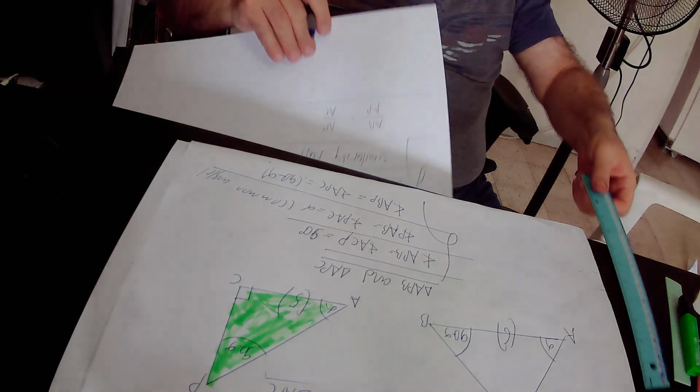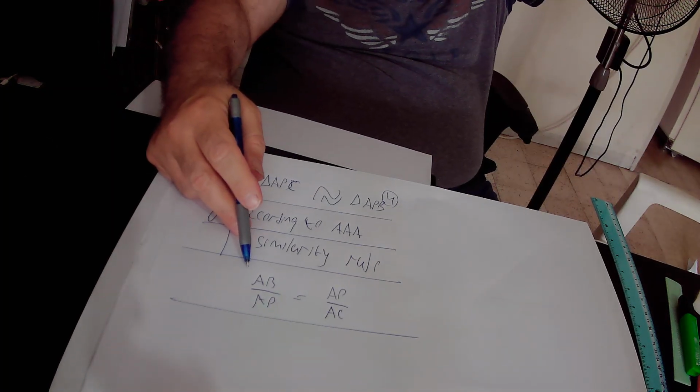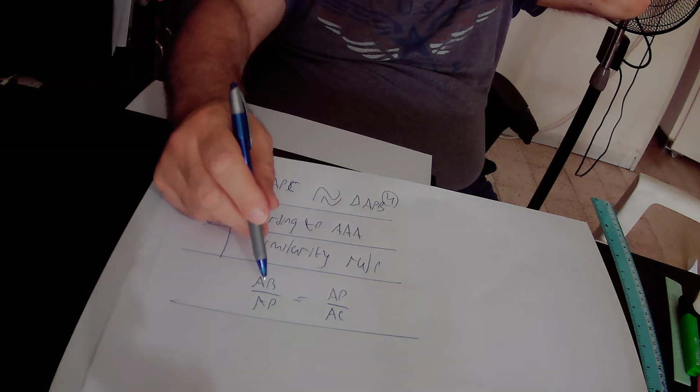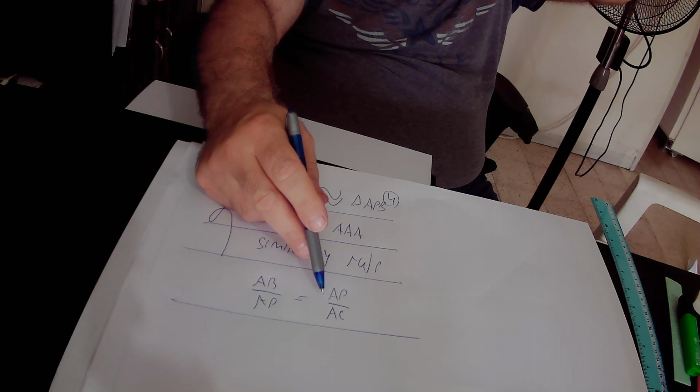And again, we conclude that side AB in the white triangle over side AP in the green triangle equals side AP in the white triangle over side AC in the green triangle.